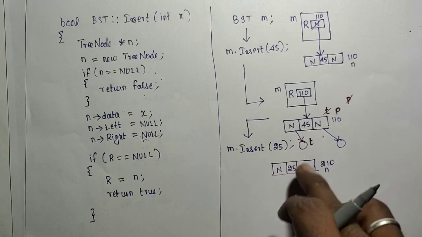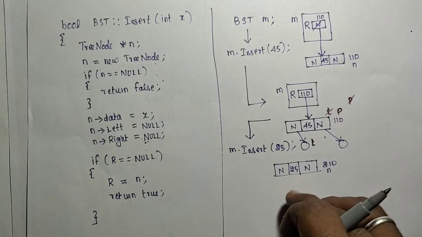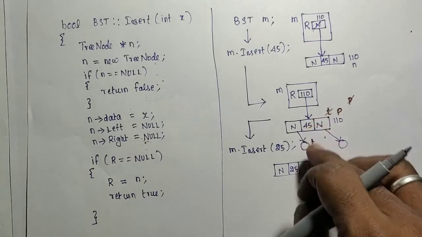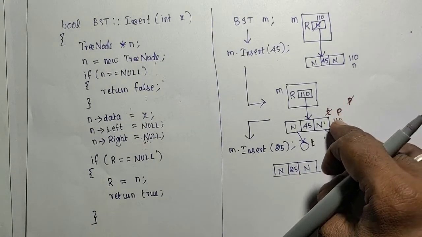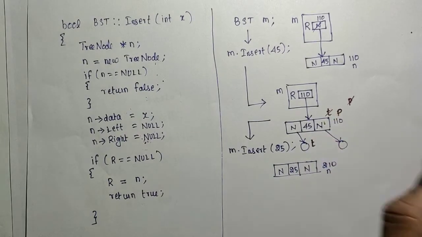I have to do the comparison. So I have to compare the p data and x. If x is less than the p data, then x is added as the left node of p. Otherwise it should be added as a right node.